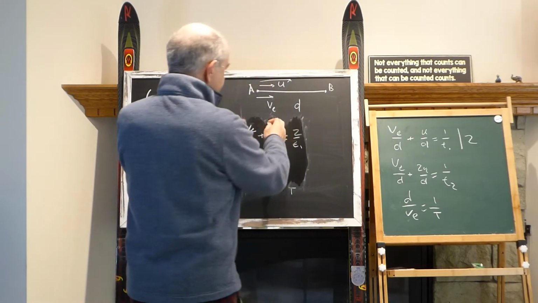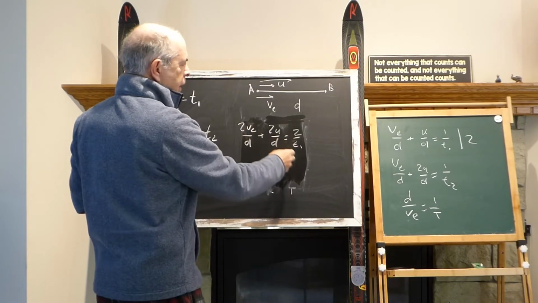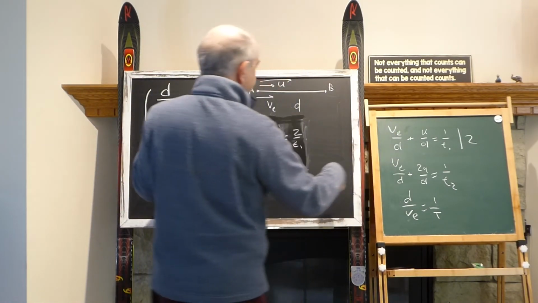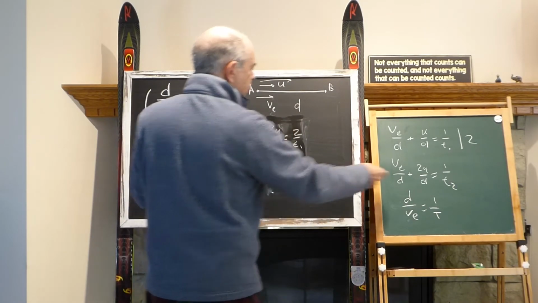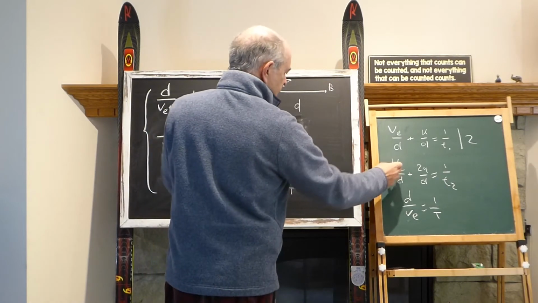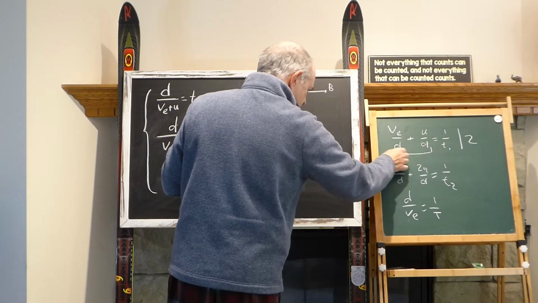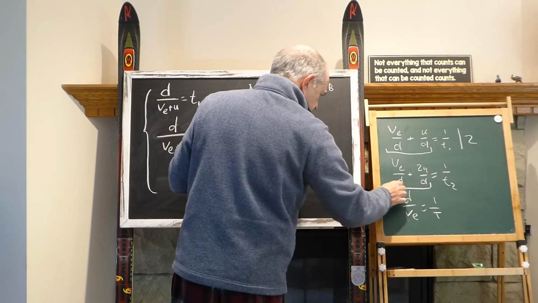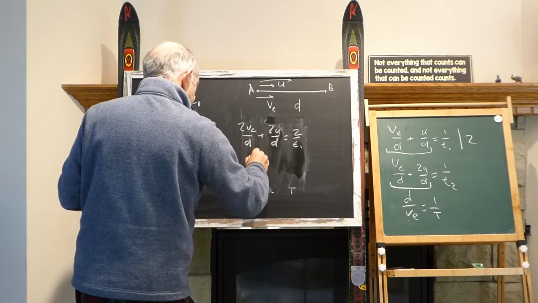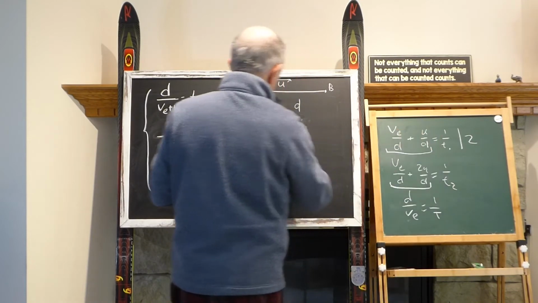And then when I have this equation, I subtract from this equation, so I subtract from the left part, and 2U over D will be gone, and this is 2, and this is VE over D. So when I subtract this from that, all I will be left with is VE over D, because this will be gone.